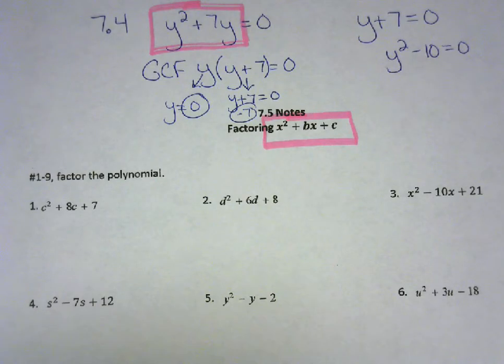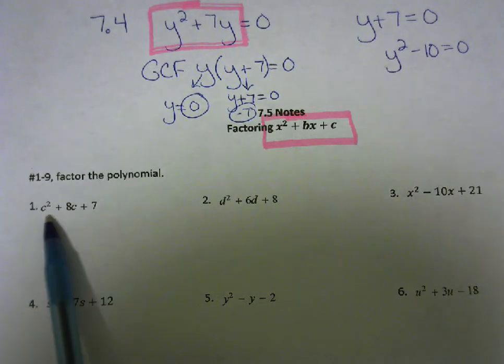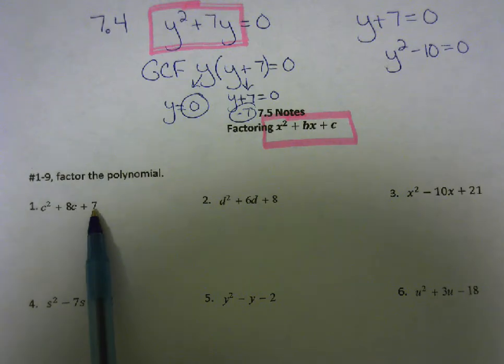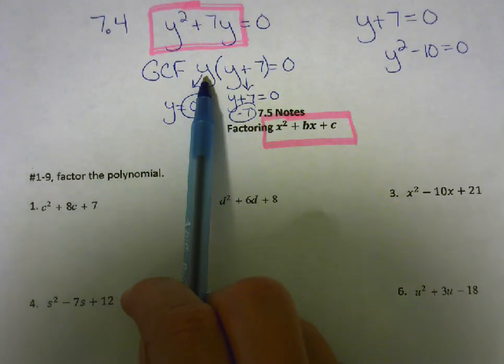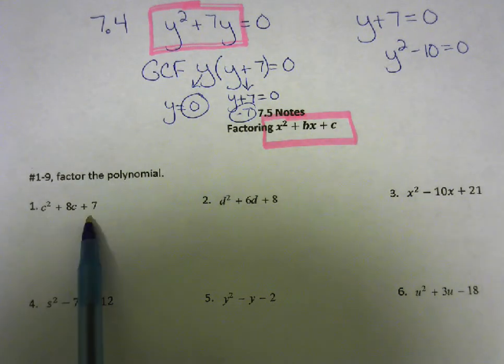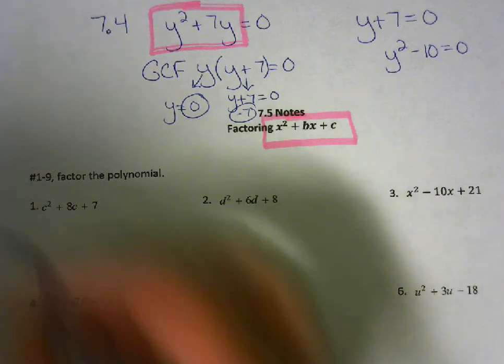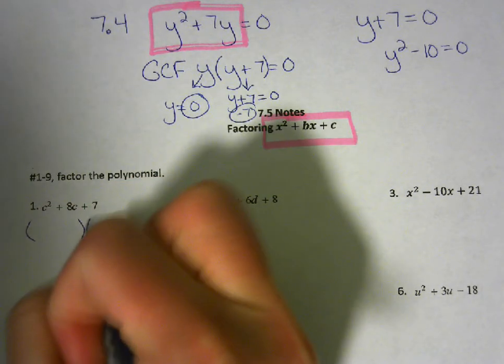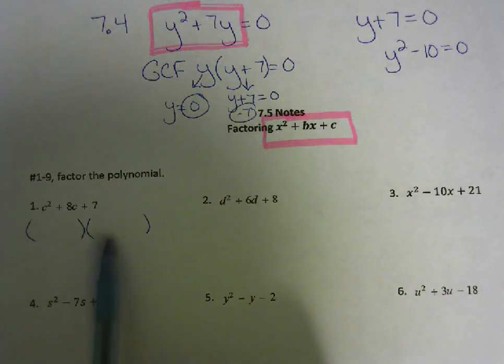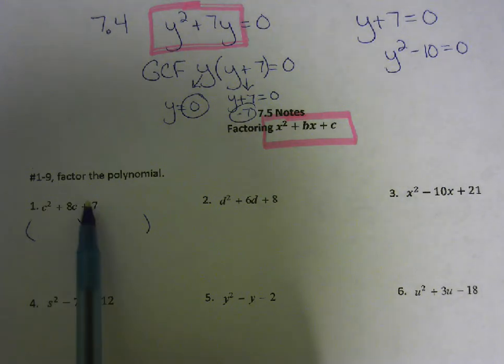All right, so when we go back up here to number 1, if you notice, there is no greatest common factor. So I can't pull the greatest common factor out. So what I have to do here is kind of the reverse of what you did back in 7.2 and 7.3. I have to figure out what two binomials FOIL together, so multiply together to get this back.